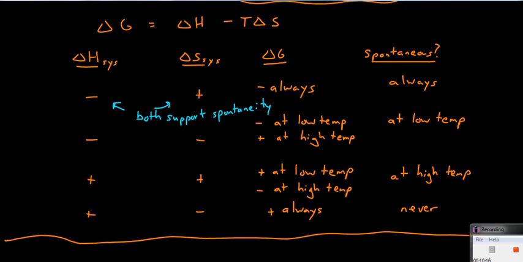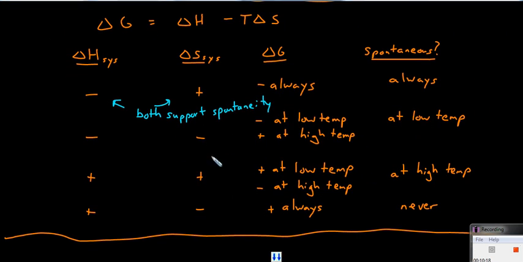And so consider 4 cases again. One in which we have the entropy of the system increasing, and it's releasing heat, just as we've seen in that table up top. In this case, both of these things support spontaneity. We have an exothermic reaction that supports spontaneity, like the combustion of wood, say, and the particles are increasing in entropy.